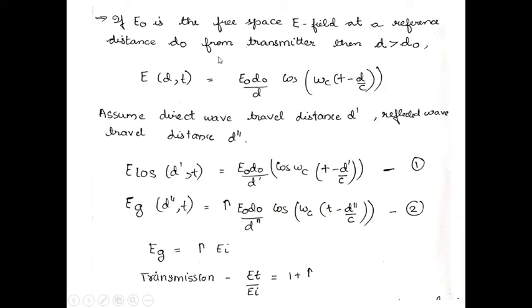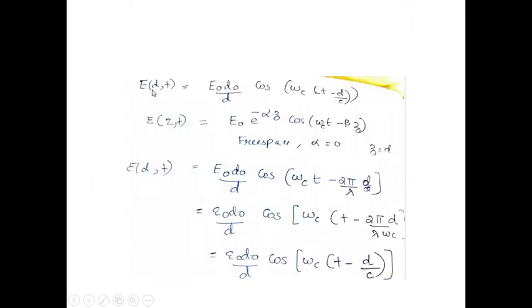It is basically derived from electromagnetic theory. How do you write the equation for an EM wave, for example, propagating in the Z direction at a time T? We can write it as the amplitude component E times e raised to minus alpha z, times cos of omega c t minus beta z. This is the general equation of how you represent the electric field component.